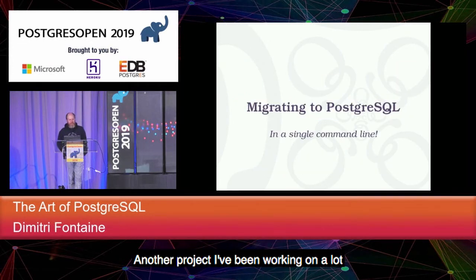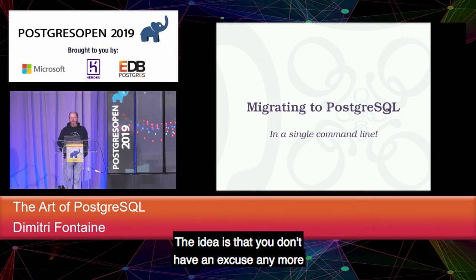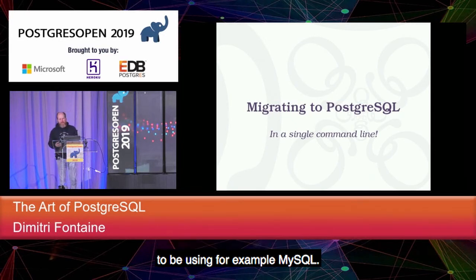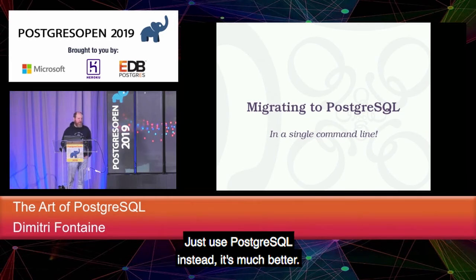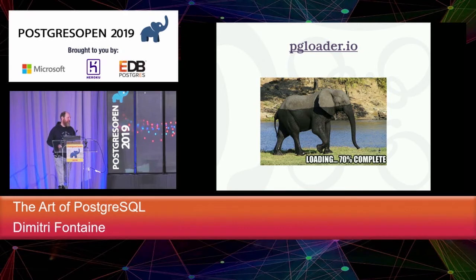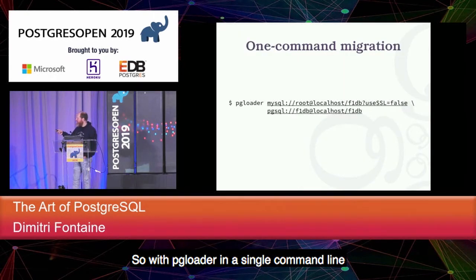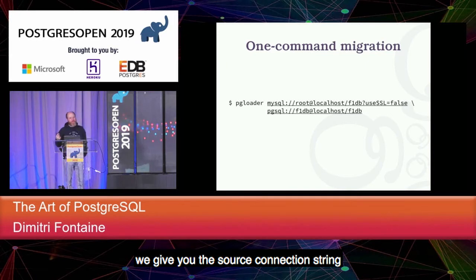Another project I've been working on a lot in the past years is a migration project for going from something else to PostgreSQL. The idea is that you don't have an excuse anymore to be using, for example, MySQL. Just use PostgreSQL instead. It's much better. But it's not always easy to implement that. And so with pgloader in a single command line, you give it the source connection string and the target connection string. The target should be PostgreSQL.